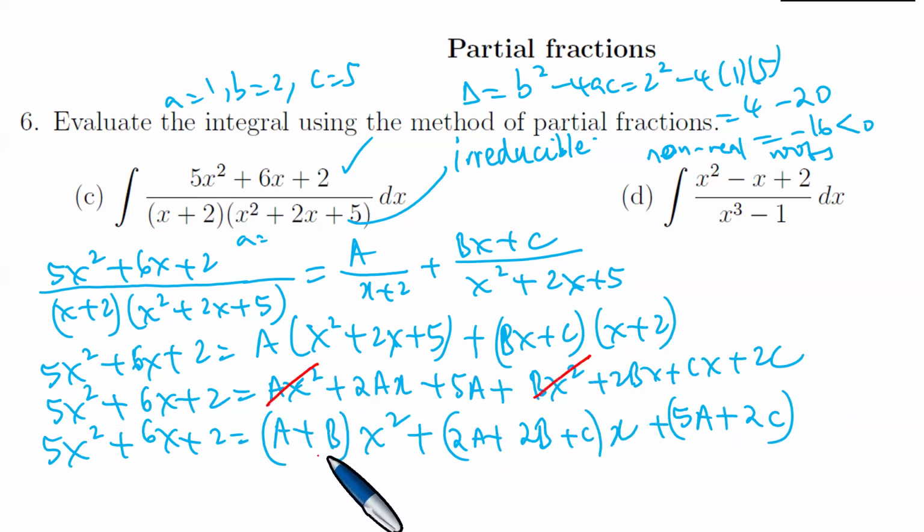The 5x squared terms give us the a plus b with the x squared term. Then 2a, 2b, c, and then we have 5a in that.